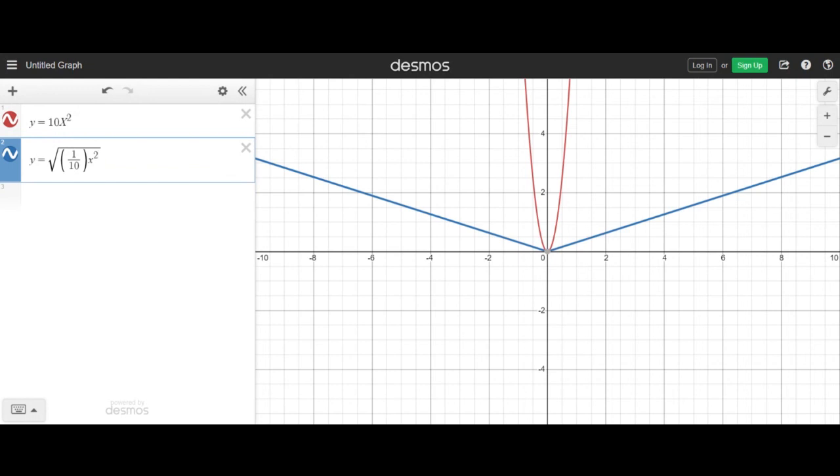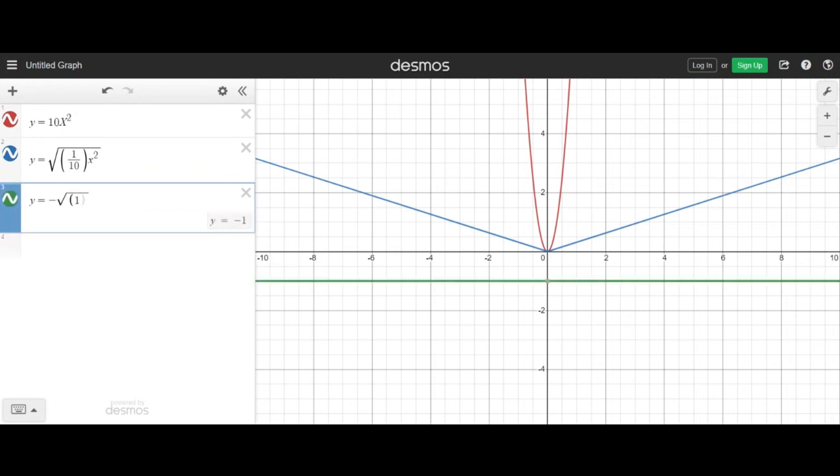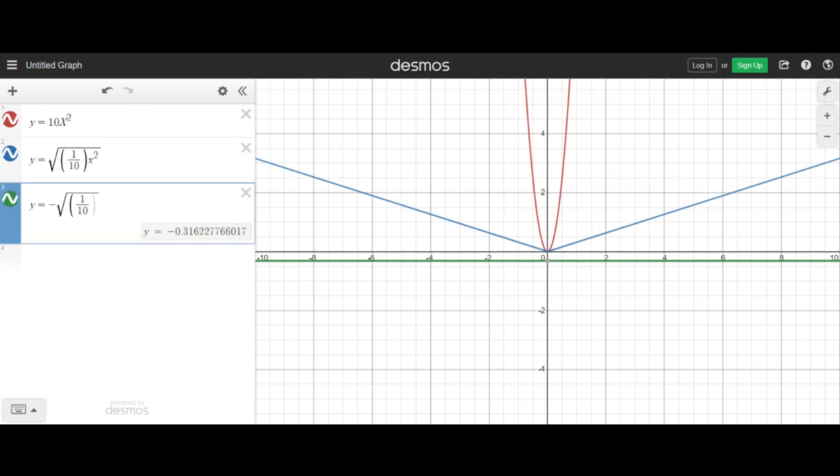Okay, that's good. And then I have y equals negative square root, there we go. See why students like this graphing. Free too.